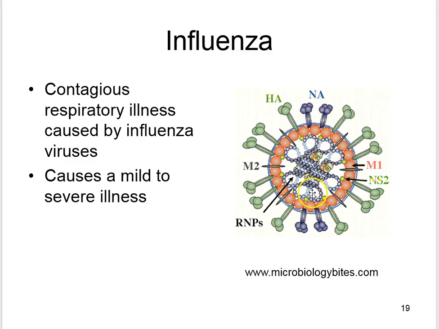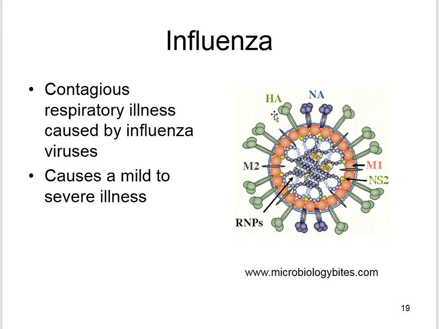So the NA and HA right here are glycoproteins, and they're integral proteins. Now, the HA gene right here encodes the hemagglutinin, and that's what binds to epithelial cells of the respiratory system.